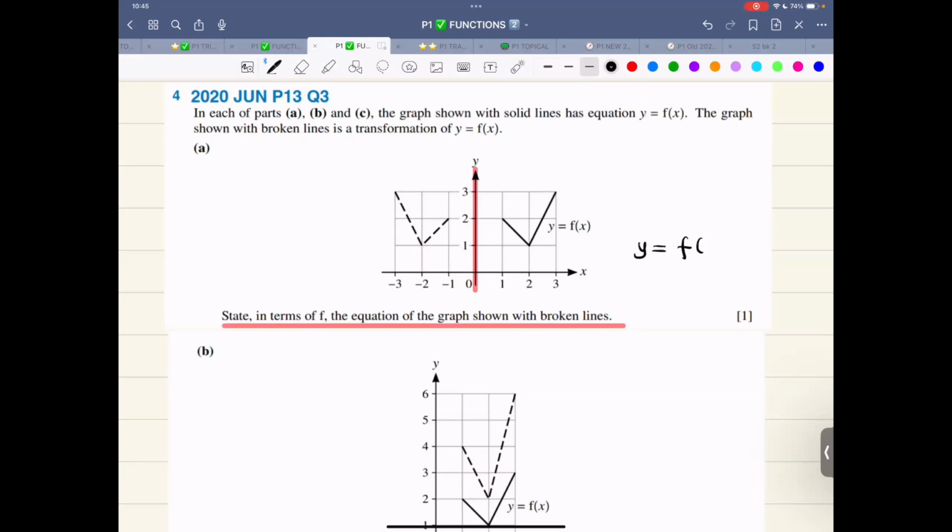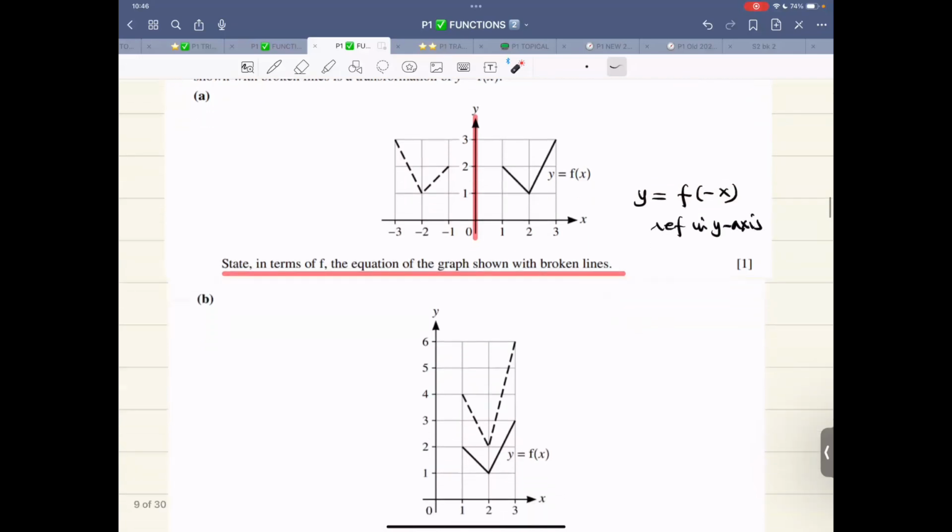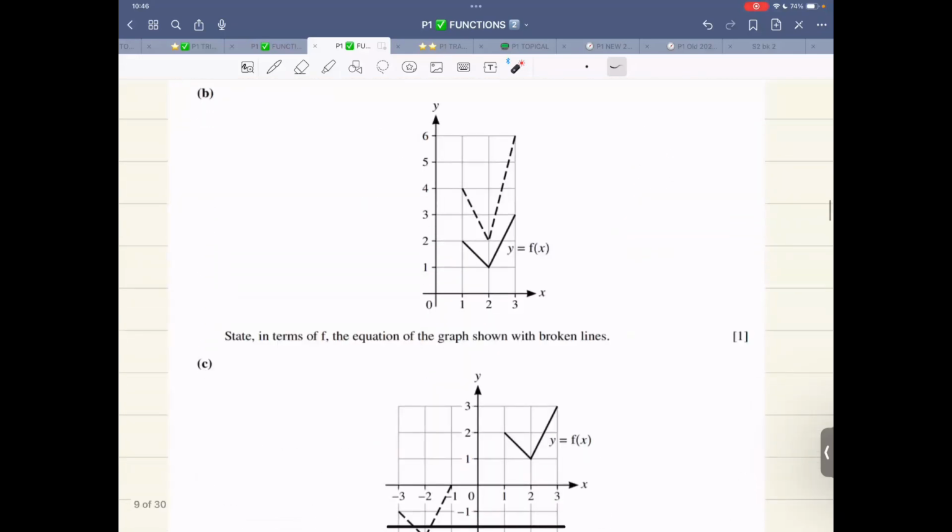So we will write y equals f(-x). Why? Because this is a reflection in y-axis. They're not asking us to explain it. They are asking us to simply write it. We can only write it provided we have understood the concept in and out. Now, this thing is all good, all done.